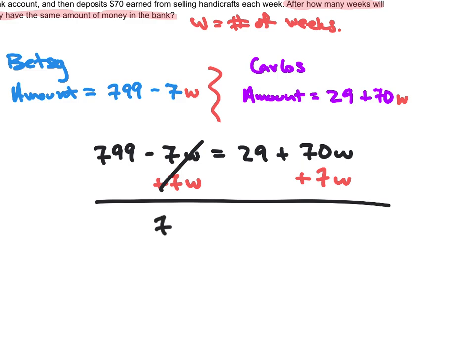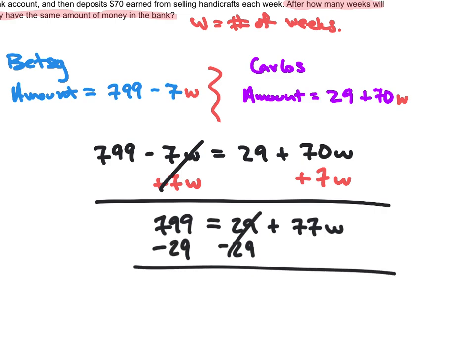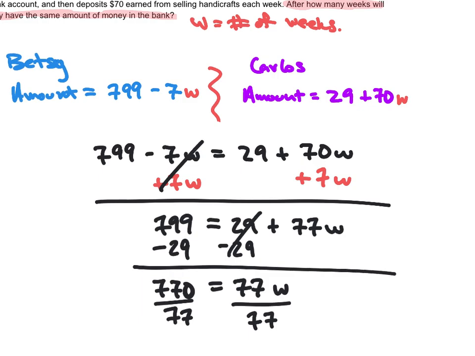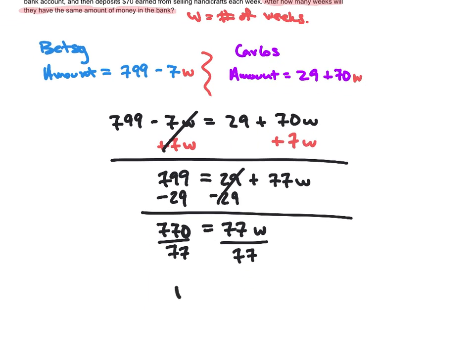All right? Then I drop down my 799 is equal to 29 plus 77W. The next thing I'm going to do is subtract 29 from both sides. So if I take 799 minus 29, that's going to give me 770, and that's going to be equal to 77W. From here, I divide both sides by 77 and solve this equation, and I end up getting that W is equal to 10.